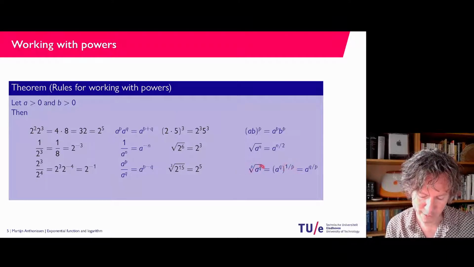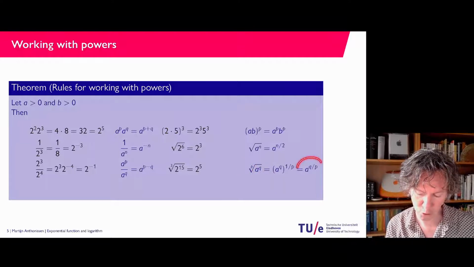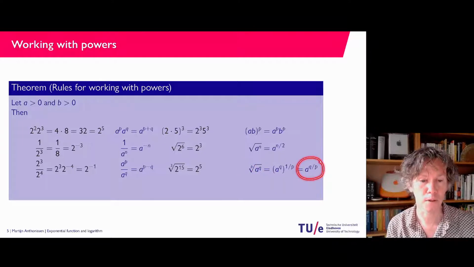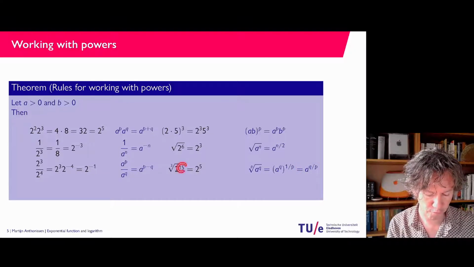So if you have a to the power q and then the pth root of that, that is a to the power q over p. So here we have q is 15, p equals 3, and then 15 divided by 3 is 5.